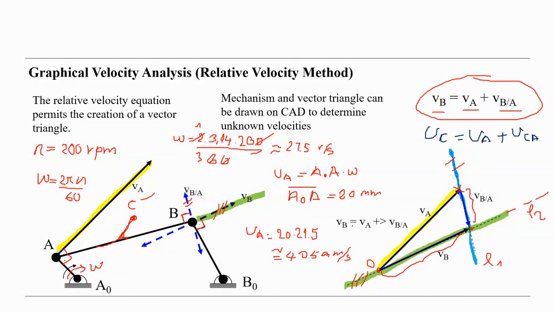So this is the line here, and we know VA. We have already calculated it.